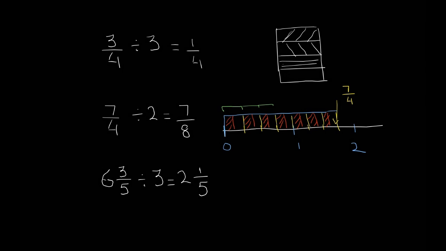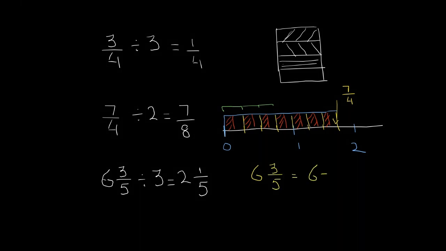So if somebody is confused, here's the explanation. You can think of 6 3/5 as really equal to 6 plus 3/5. So if I take the 6 and divide by 3, I have 6 whole chocolates and 3 kids, so I can give the 6 whole chocolates to 3 kids.